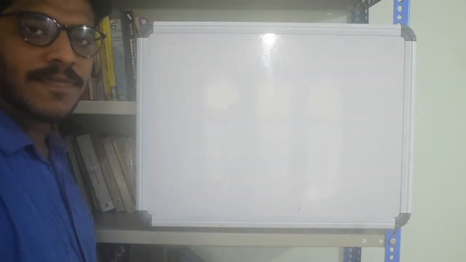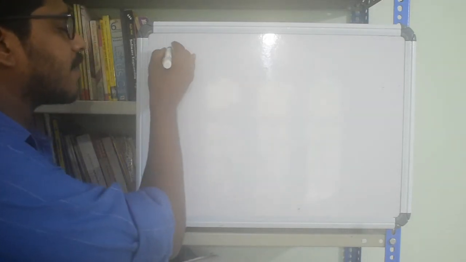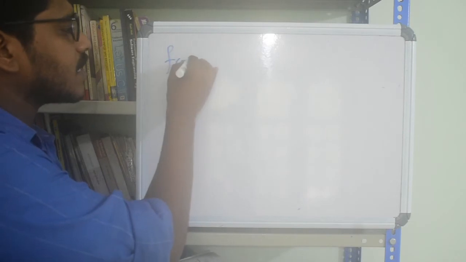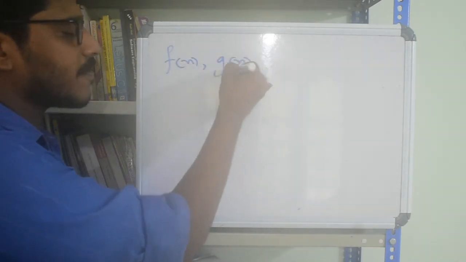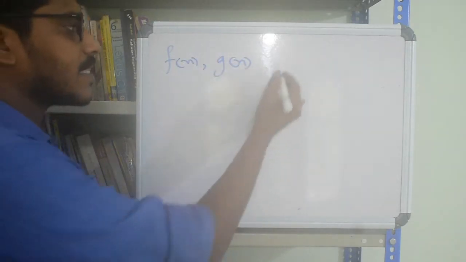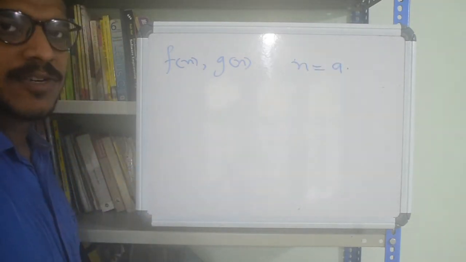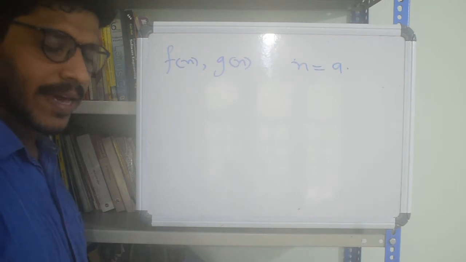Analogous to the rules of limits or the properties of limits, we have a few here. Suppose f of x and g of x are continuous at x equal to a.